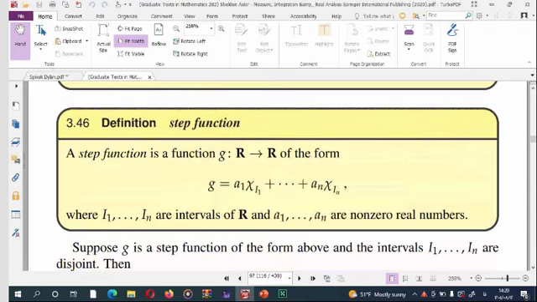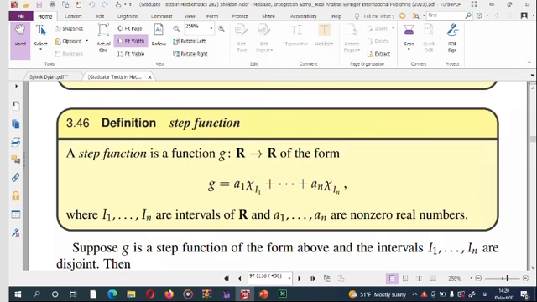And the definition of step functions: a step function is a function g from R to R of this form, where I1, I2, up to In are intervals of R, and these constants are non-zero real numbers.